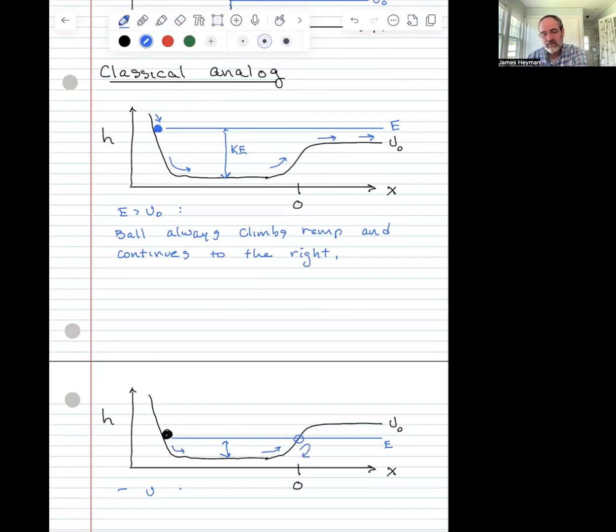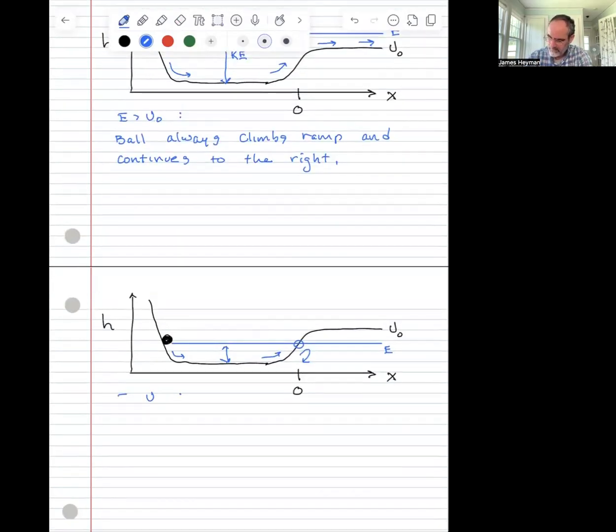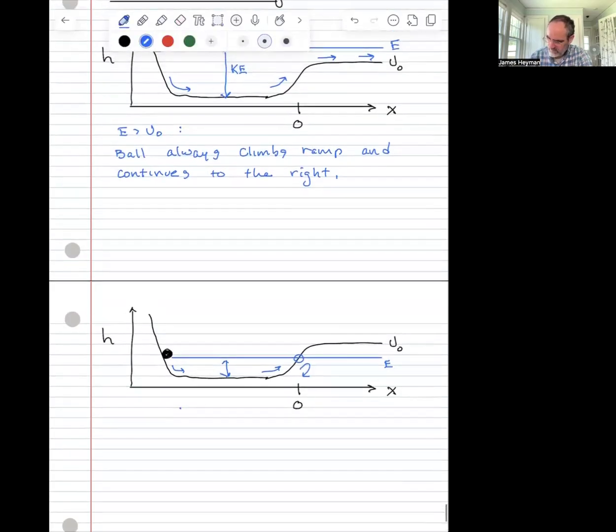When the ball reaches this point, the kinetic energy goes to 0, but there is still a force acting on the ball, pushing it to the left, and so it will roll back down the hill in the other direction. So this is the second case, where the energy of the ball is less than the height of the potential barrier.